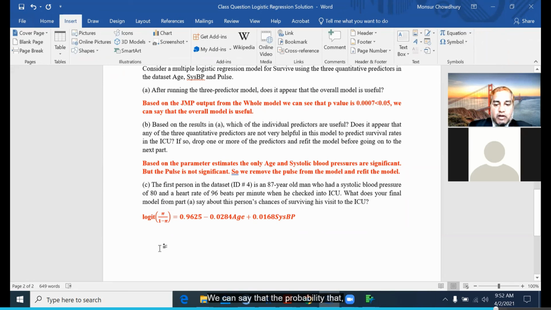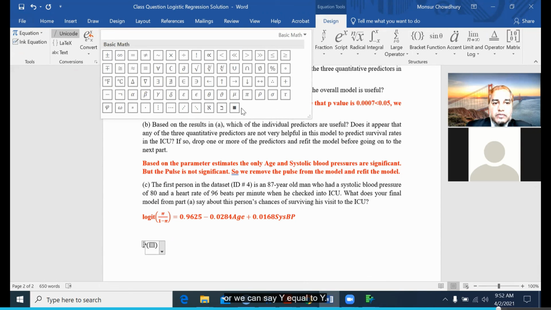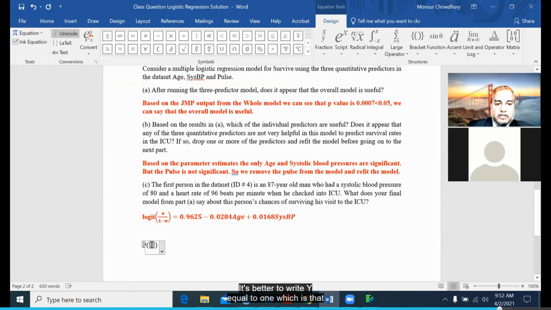So it's better to write it down exactly in symbols: the probability that y equals 1, given x. What is x here? All these two predictors.